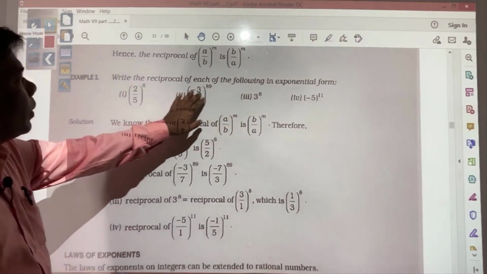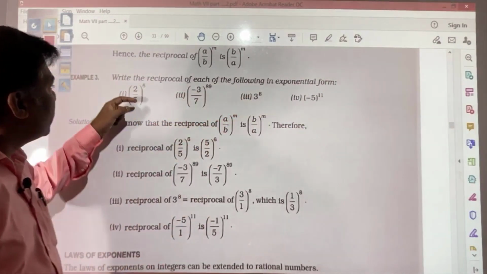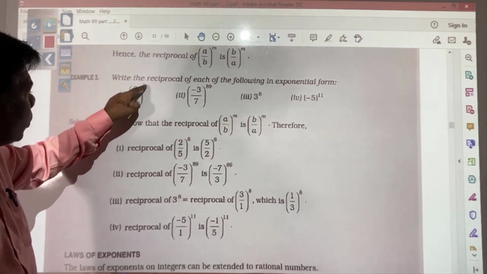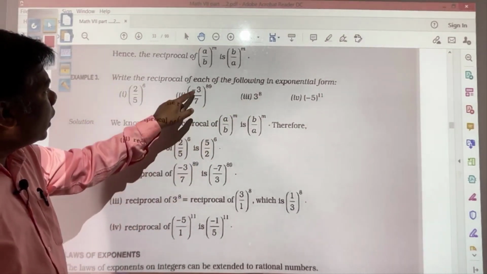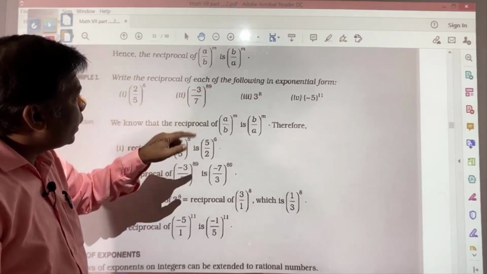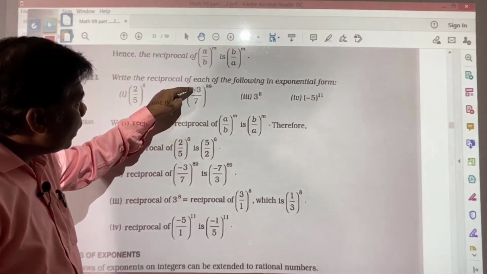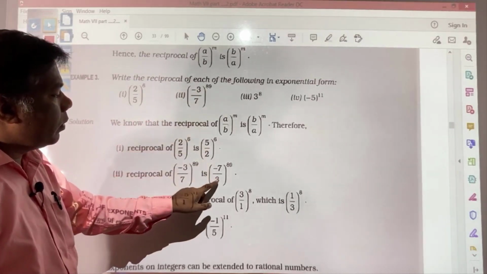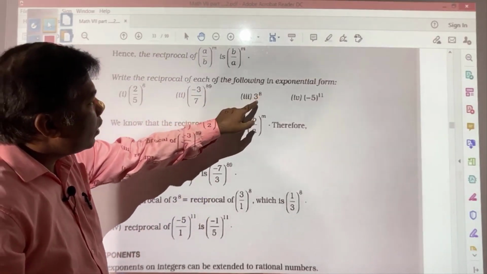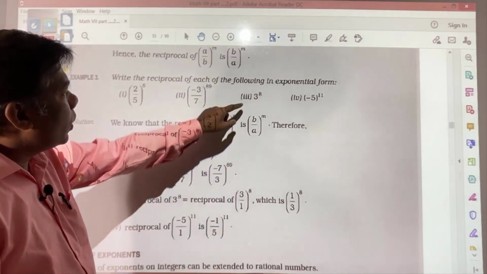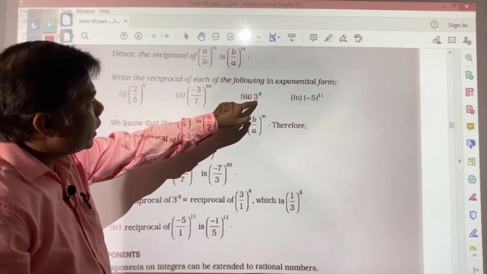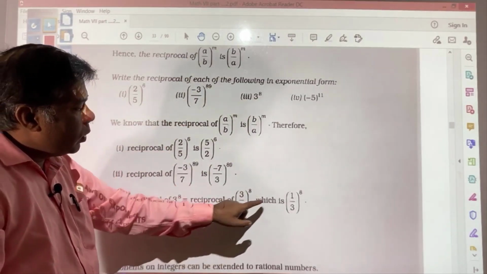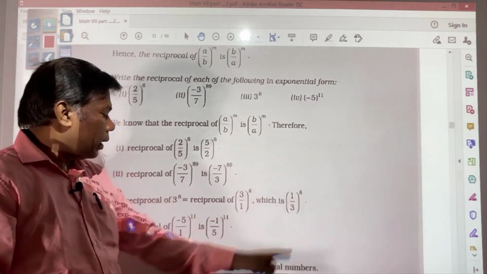Write the reciprocal of each of the following in exponential form. Suppose you have 2 by 5 to the power 6. This will be 5 by 2 to the power 6. Just you see, here minus 3 by 7 to the power 8 will be 7 by minus 3, or minus 7 by 3 to the power 8. Then 3 to the power 8 can be written as 3 by 1, and the reciprocal of this will be 1 by 3 to the power 8.